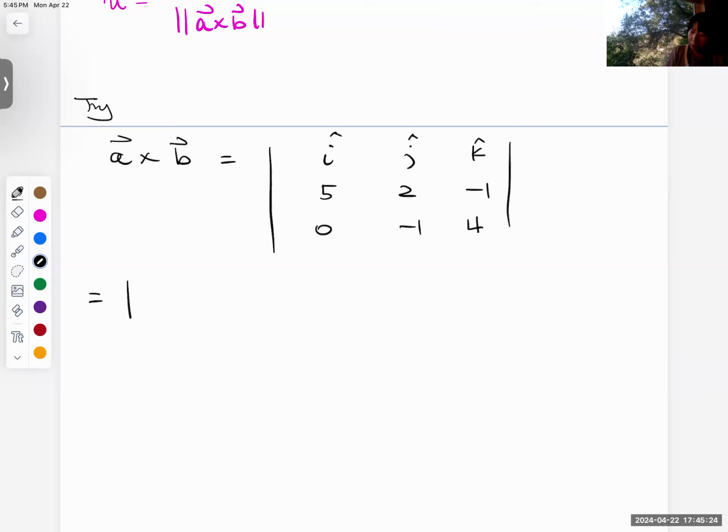So that will be I minus J and plus K, right?